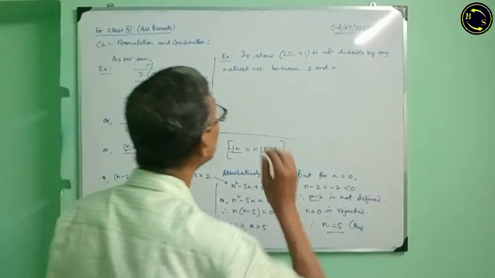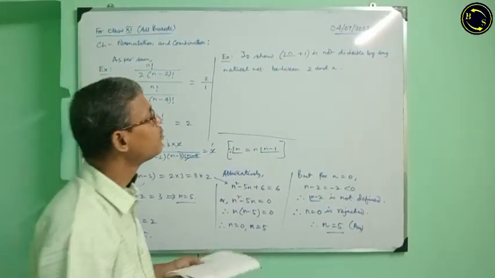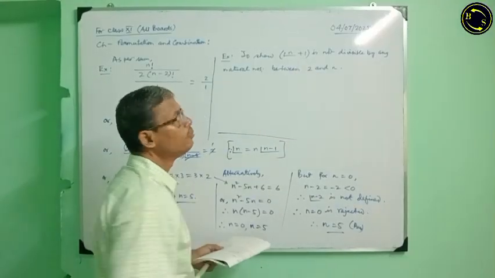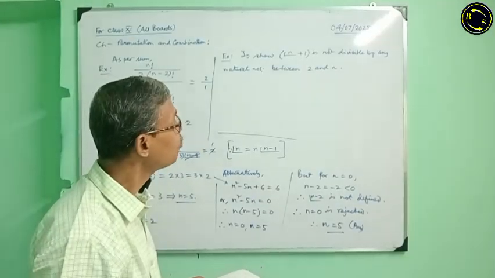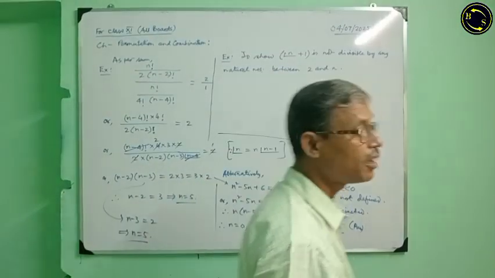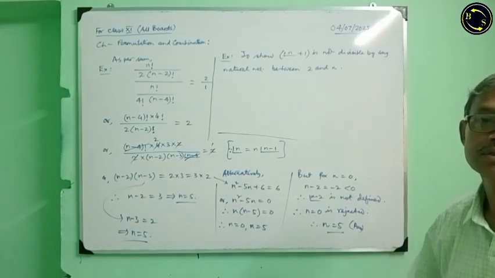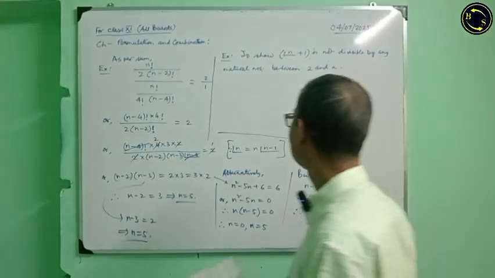Next sum, we have to show this sum means factorial n plus 1. This is not divisible by any natural number starting from 2 to n. Follow the solution.